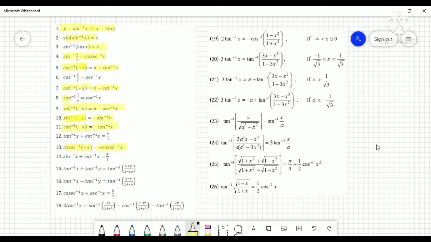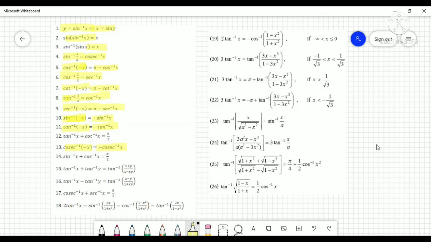Then the reciprocals: cos inverse 1/x is equal to secant inverse x. Tan inverse 1/x is equal to cot inverse x. These are the formulas.